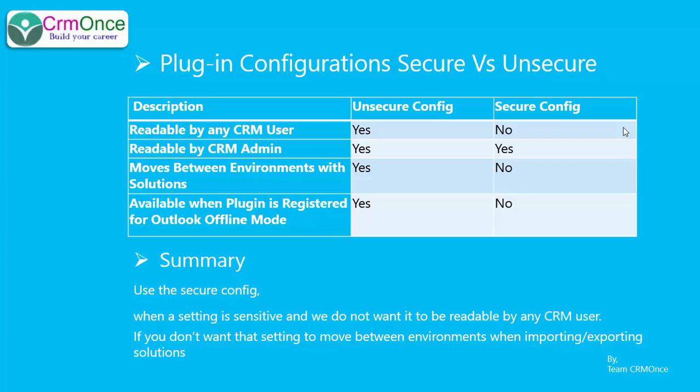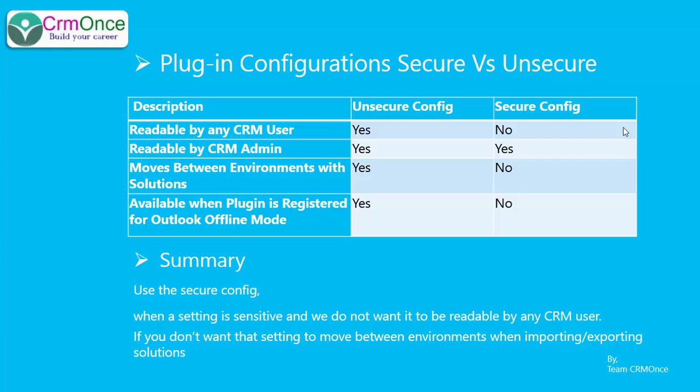Okay, there are a couple of things that you have to watch out for when you're using unsecure configurations. The configuration information will go between environments. That means when you make your solution and move it to another environment, whatever you have added in the unsecure configuration will go along, so you don't have to make that change again, right?